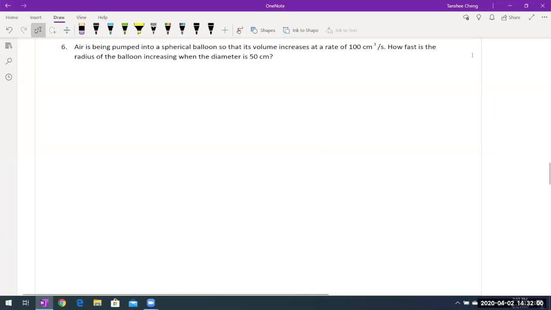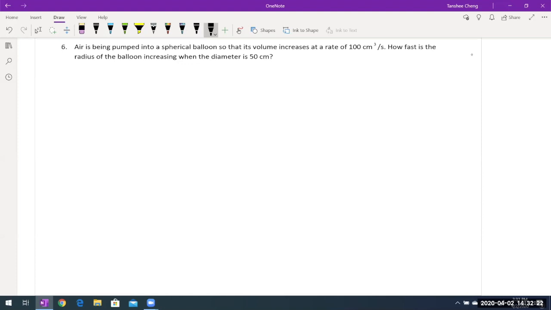So example 6, air is being pumped into a spherical balloon. The volume increases at the rate of 100 centimeters cubed per second. Now it's asking how fast the radius of the balloon is increasing when the diameter is 50 centimeters.